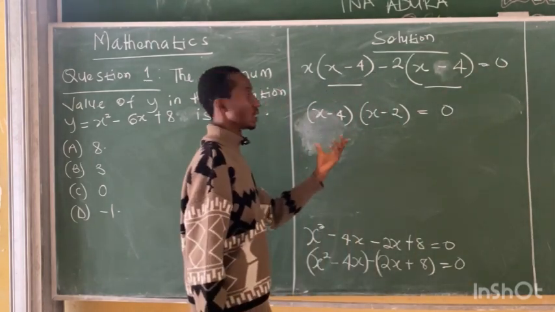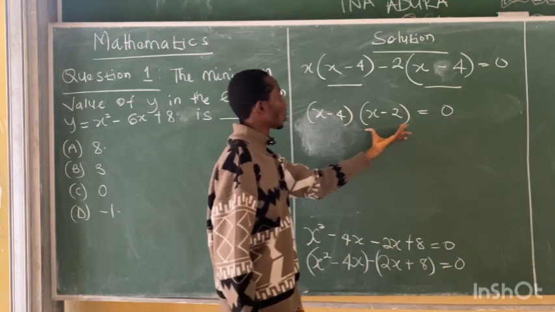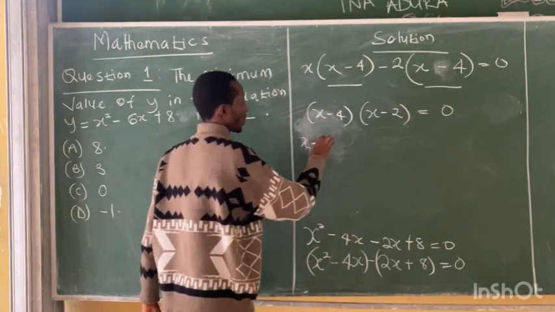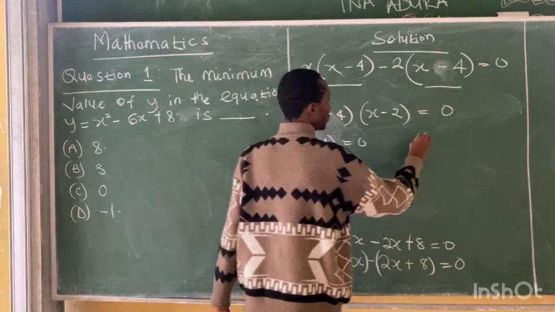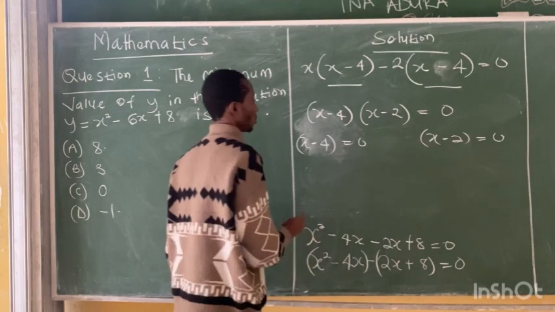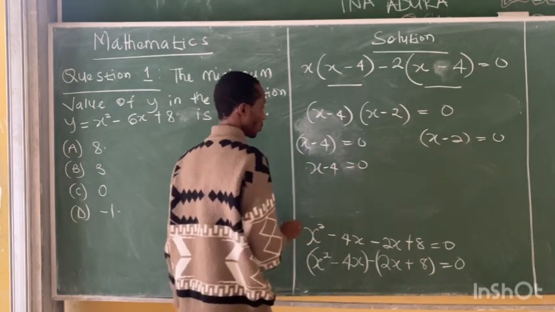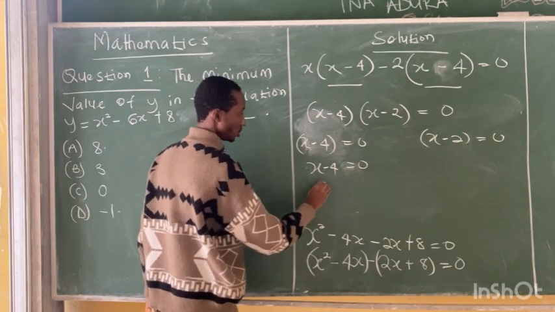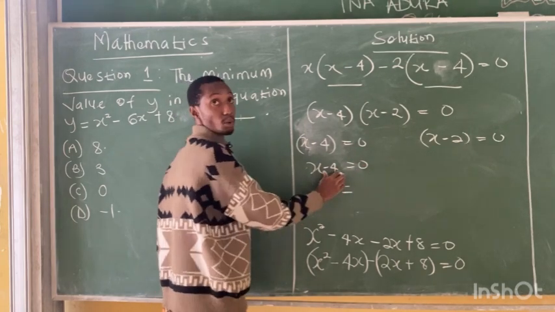Now to find the value of x, you pick the first term here and equate it to 0, and pick the second term and also equate it to 0. So here we have x minus 4 equals 0, and here we have x minus 2 equals 0. For x minus 4 equals 0, the minus 4 crosses the equality sign and changes from minus to plus.